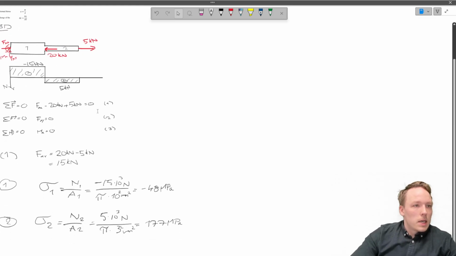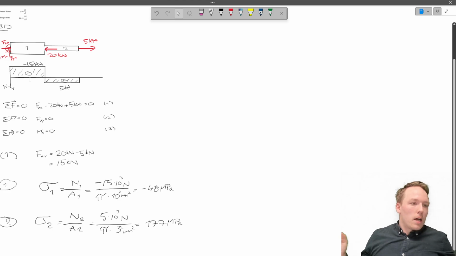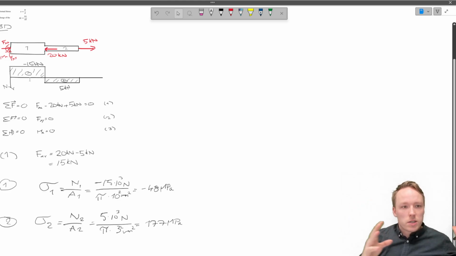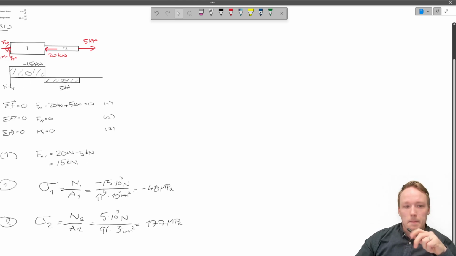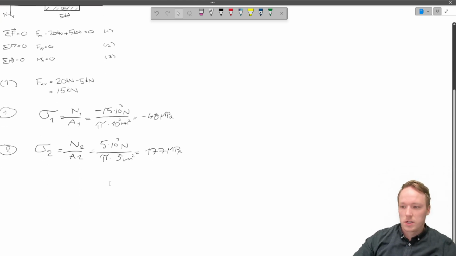So what have we done so far? So now we have calculated the internal normal load, and then we have calculated normal stresses here.